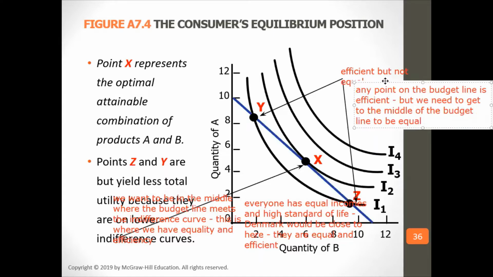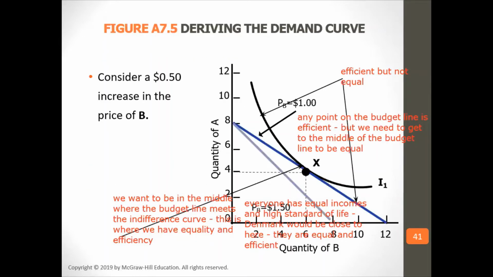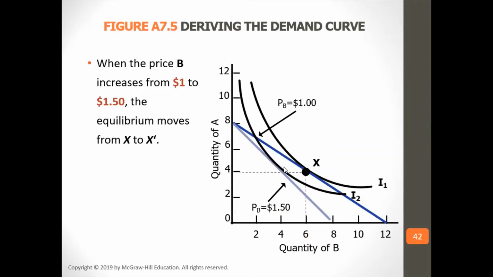That's very important. In this case, since the price of B goes up, we can afford less.